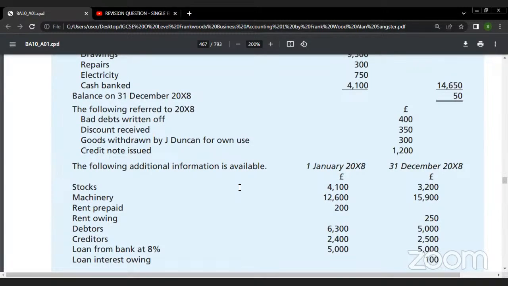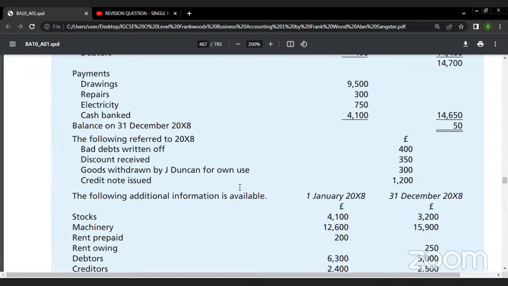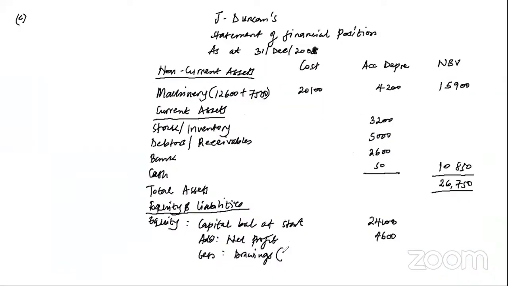When you add the 300 plus 9,500, you come up with 9,800, the total value of the drawings, both cash and the goods.